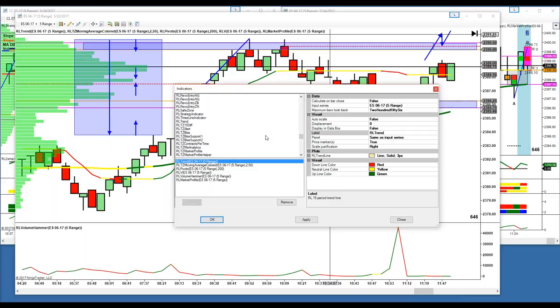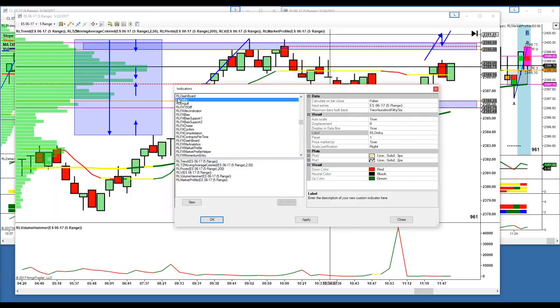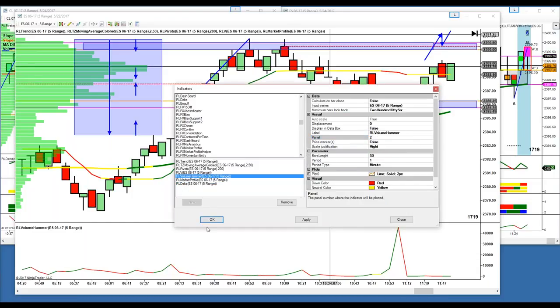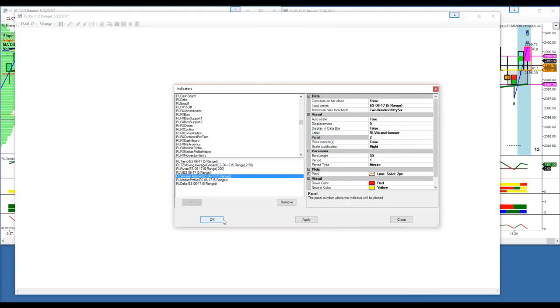I'm trying to find it. Hold on one second here. Here it is, the delta. The delta is going to be in panel 1, and we're going to put the volume hammer in panel 2. I'm sorry. Let's see if that works. I'll fix the chart.